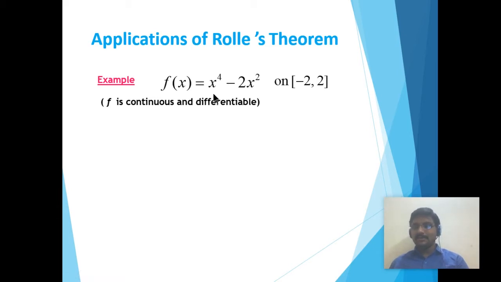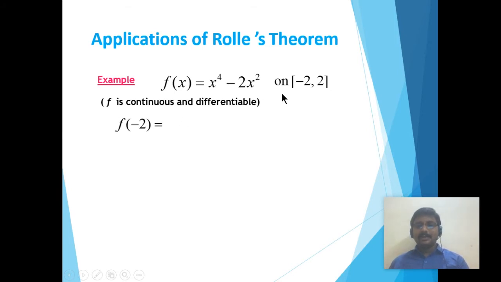Every algebraic function or polynomial in x is continuous for every x. For example, x lies in this interval. It is clearly continuous because a polynomial in x is continuous for every x belonging to the real numbers. Here also in this interval f is clearly continuous.